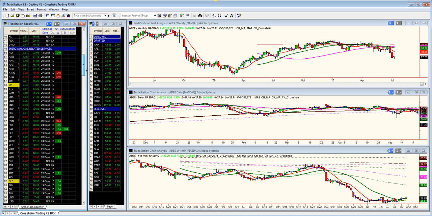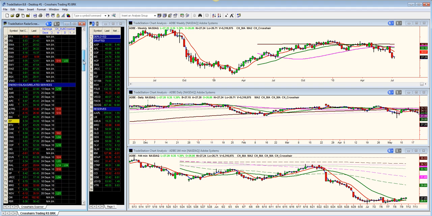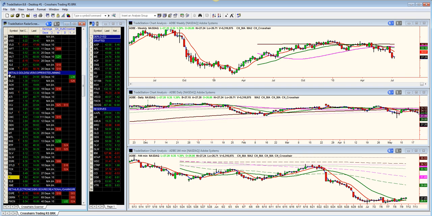All of these are in different categories, and within each one of these categories you will have a crosshair that lights up that lets me know.